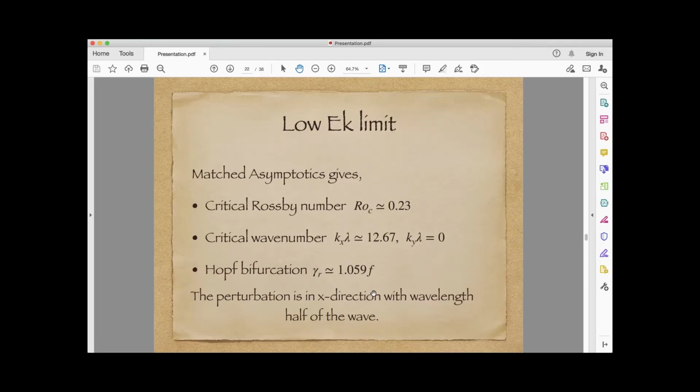So the perturbation is in the x direction. And if you substitute kx to be 2 pi over lambda x, where lambda x is the typical variation, we find that lambda x is about half of lambda. So the typical perturbation wavelength is half the wavelength of the wave.